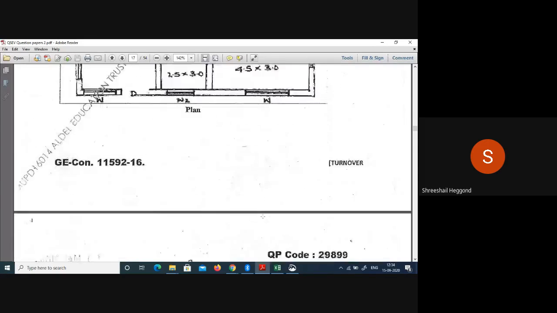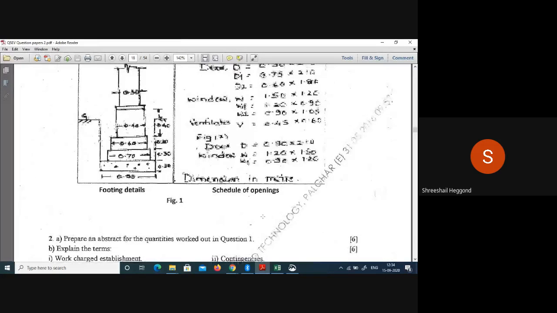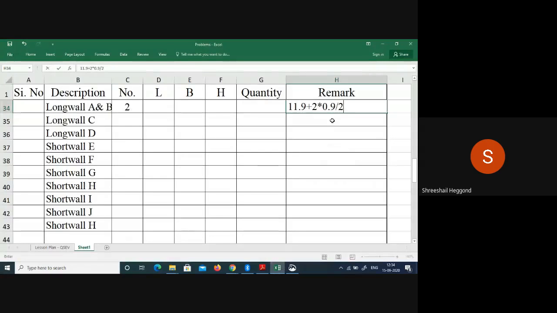You can see in the cross section. The bottom width is of 0.9. Therefore, we have to add both the side 0.45 extra. That can be written as 12.8. Breadth is of 0.9.